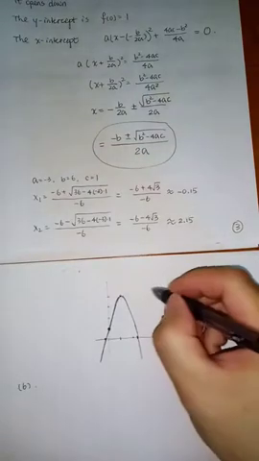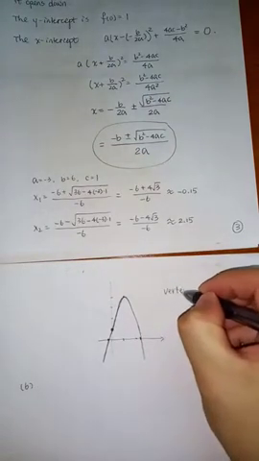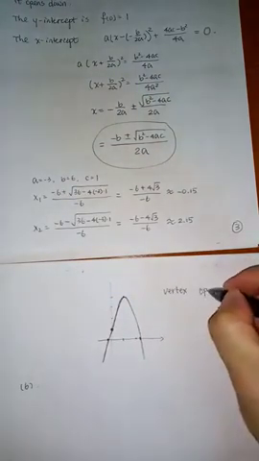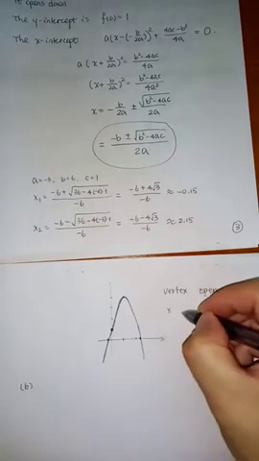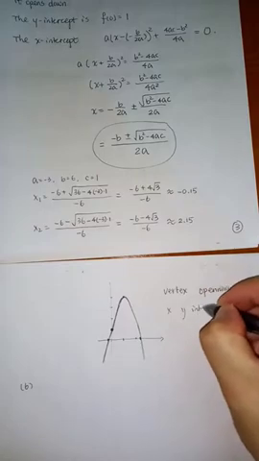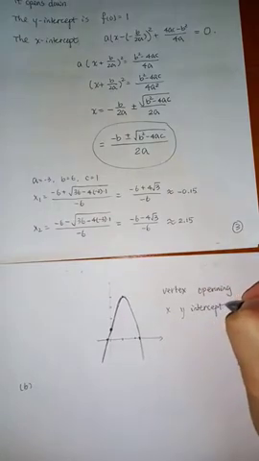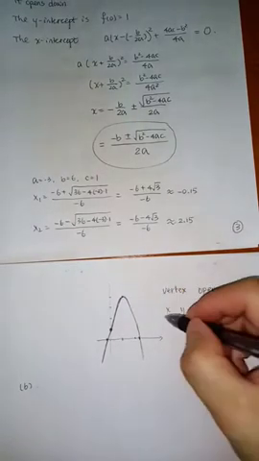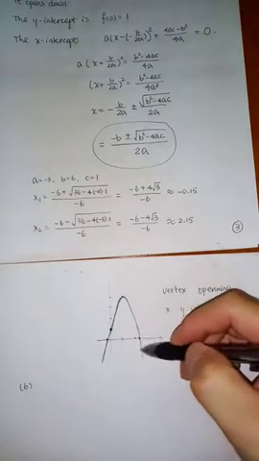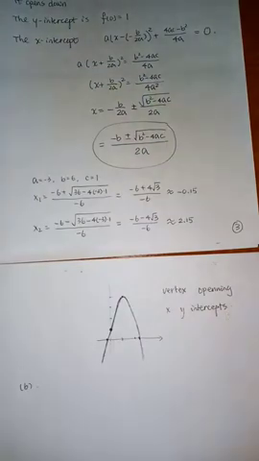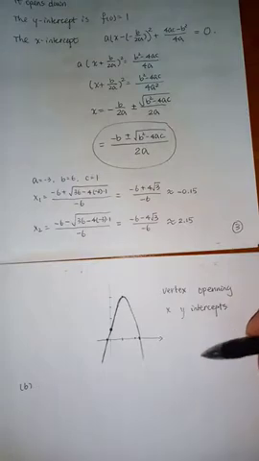Okay, so vertex, opening, x, y intercept. See, 1, 2, 3, 4. Those 4 pieces of information will give you a rough idea about the graph. Okay, so that's more or less everything you need.